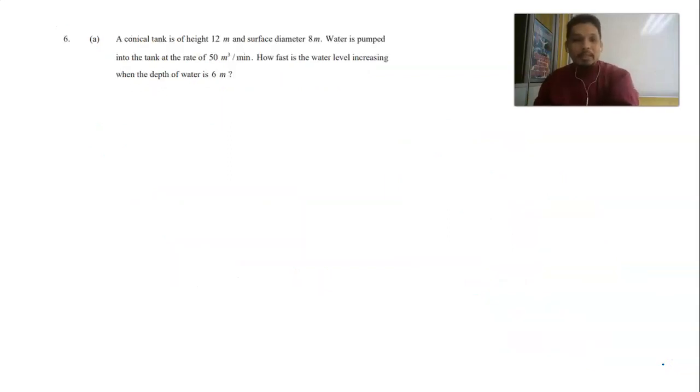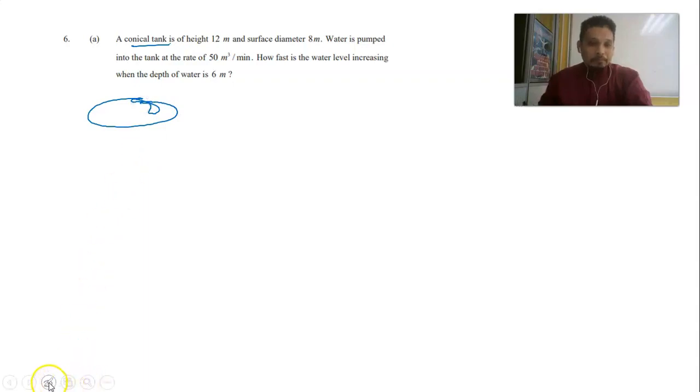Question number 6a. A conical tank. Okay, just imagine that.